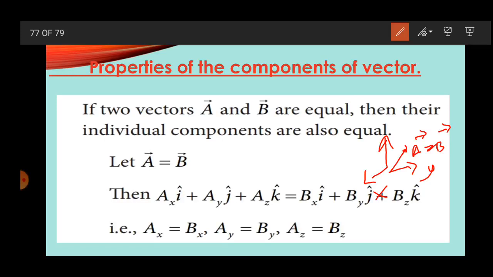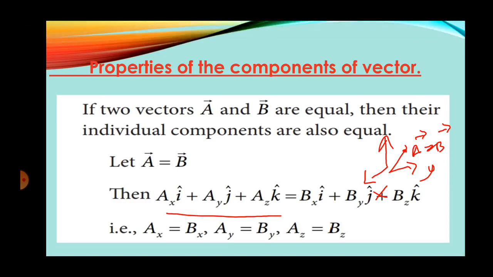Now taking the x, y, z components with respect to A vector, write it for each component of orthogonal unit vector: Ax i unit vector plus Ay j unit vector plus Az k unit vector, that is equal to, with respect to B, Bx i unit vector plus By j unit vector plus Bz k unit vector.